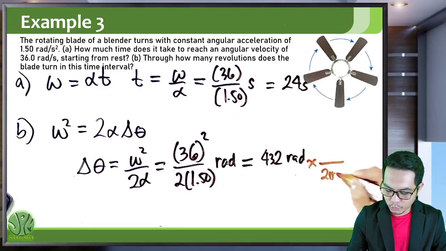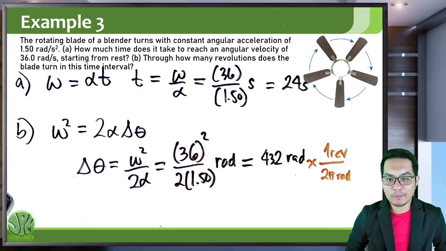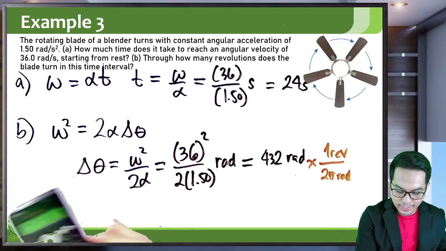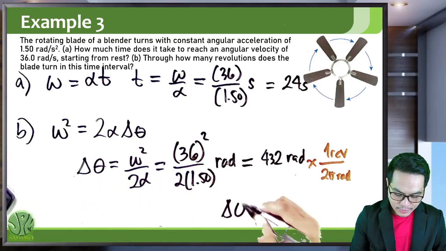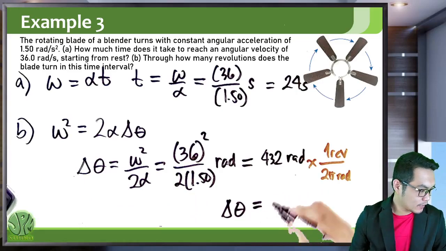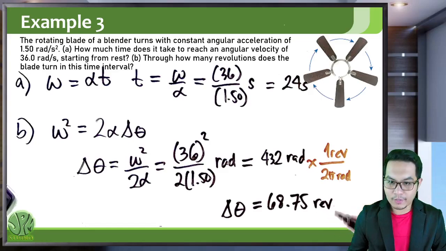We have 2 pi radians, that is 1 revolution. So divide by 2 pi. If you divide your answer by 2 pi, you will get a value of delta theta, or the angular displacement, of 68.75 revolutions.